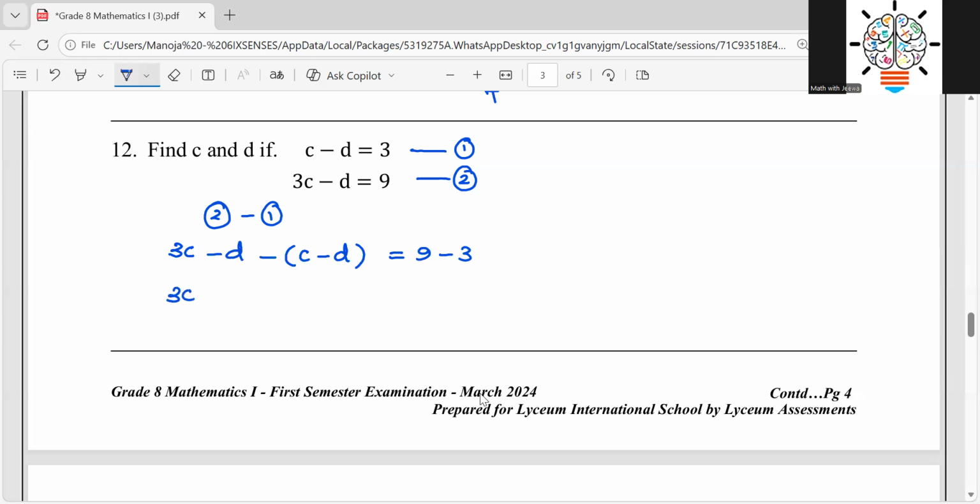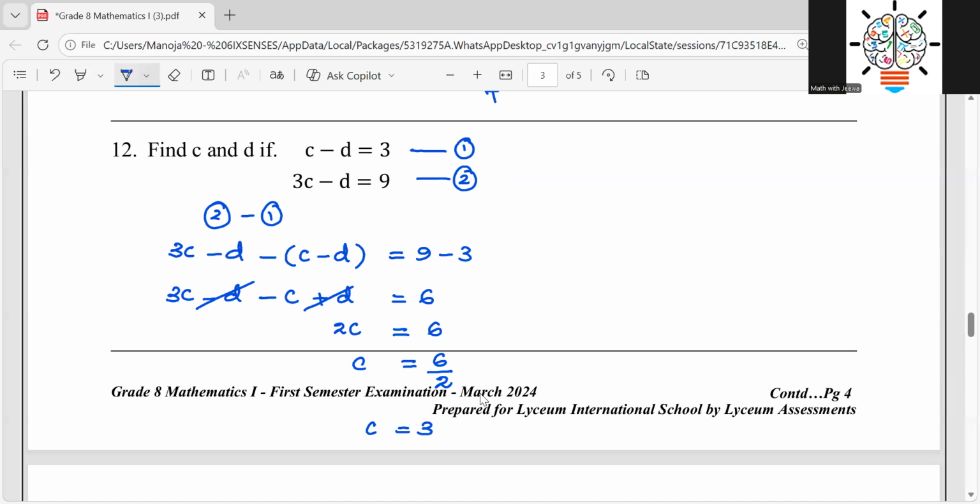So then you can solve the bracket. 3c minus d minus 3 minus plus d, and 9 minus 3, 6. And negative d, positive d, you can cancel. 3c minus c, it is 2c, is equal to 6. And c is equal to 6 divided by 2. And c is equal to 3. Right? C is equal to 3.